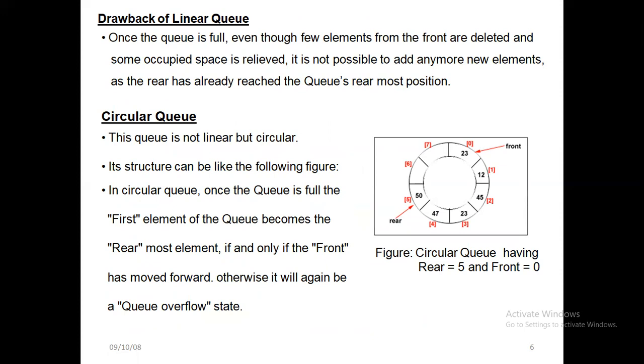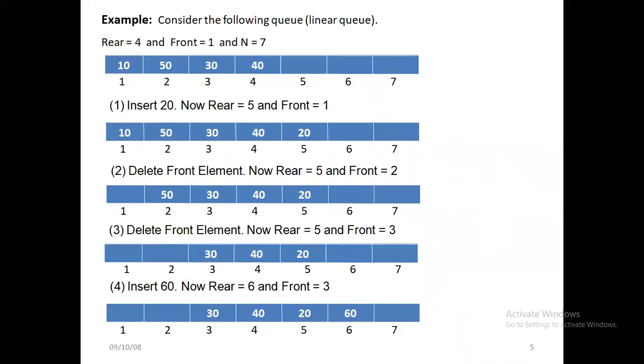You can see here, once the queue is filled, what are the drawbacks? Even though a few elements from the front are deleted and some occupied space is relieved, it is not possible to add any more new elements, as the rear has already reached the queue's rearmost position. You can see in the previous example, there are some vacancies in the front when I delete using the front pointer.